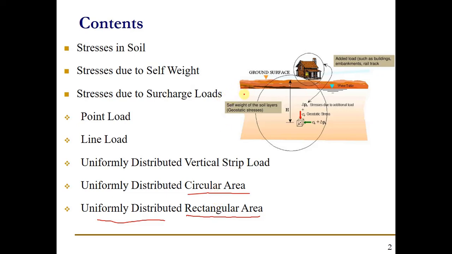As you can see here, this is the ground surface, and here we are having the water table in the soil. Before the construction of this house, there will be geostatic stress or the vertical stress, the vertical overburden pressure, exerted onto this soil element at a depth h, and that geostatic stress is acting due to the self weight of the soil layers which is present here.